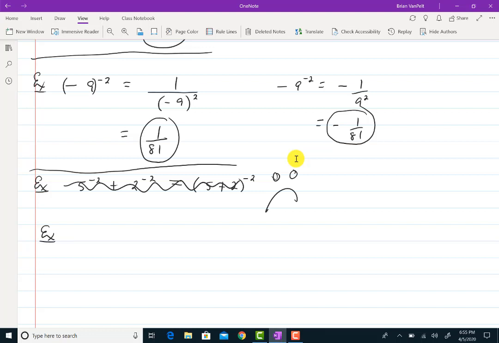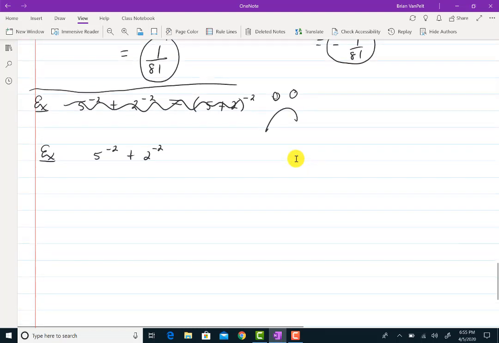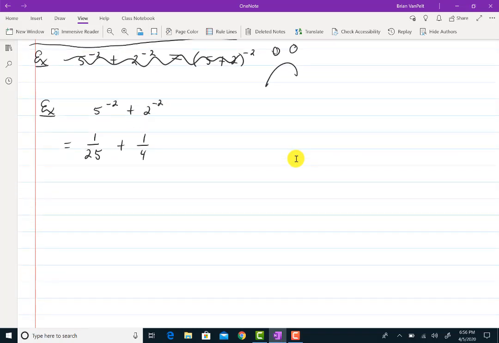Instead, if I have to do this, 5 to the negative 2 plus 2 to the negative 2, I have no choice but to rewrite the 5 to the negative 2 as 1 over 25 and the 2 to the negative 2 as 1 over 2 squared, which is 4. So I have to do this, and then in order to add these two things, notice that the LCD equals 100.